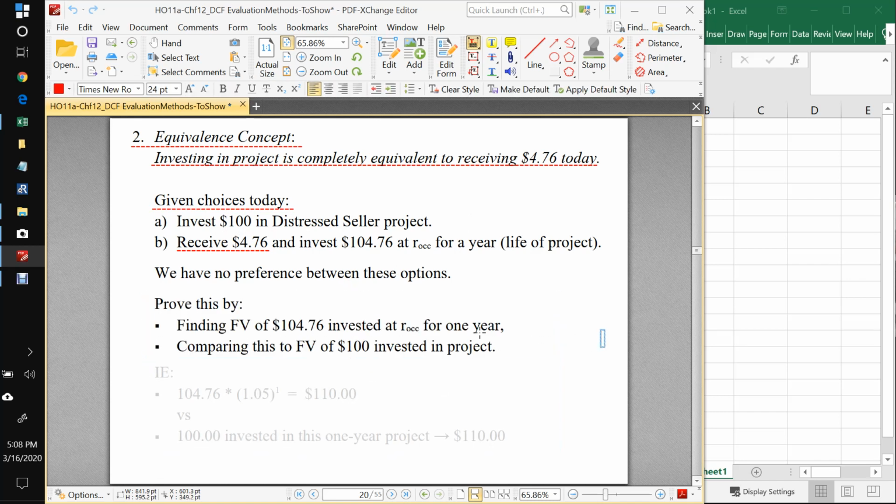So you can prove this to yourself by, on the one hand, find the future value of 104.76 invested at 5%, that's our opportunity cost of capital, for 1 year. You're going to find that that's equal to 110, and compare that to the future value of 100 invested in the distressed seller project.